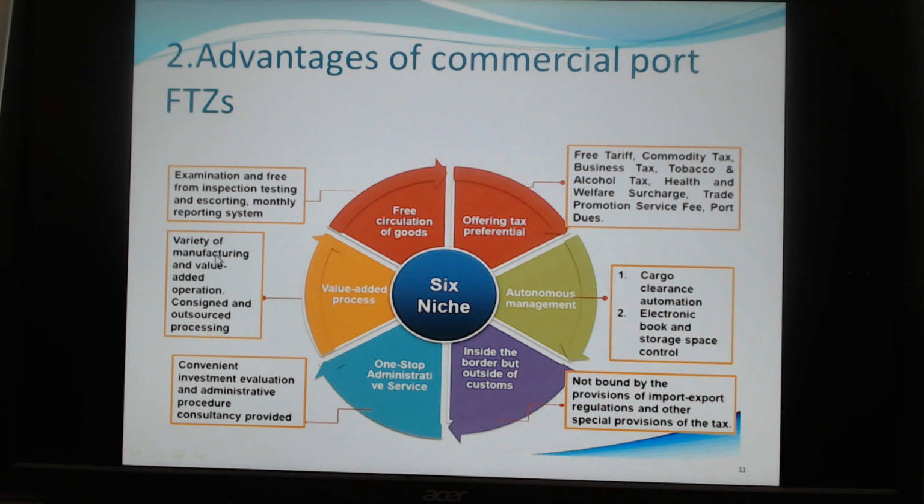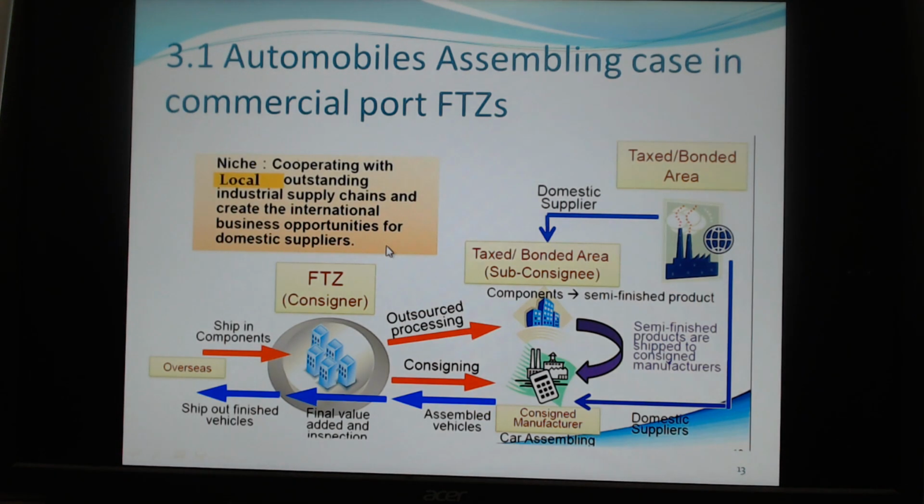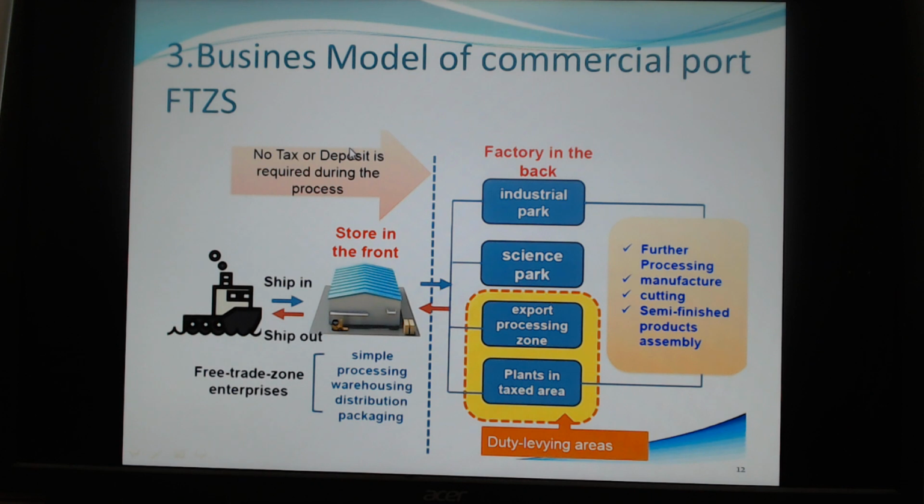Including some manufacturing, very simple manufacturing, assembly, and the free circulation goods. Okay, here's just to show you a business model. In this area, normally it's near the port, right? And because the location is quite limited in space, sometimes we can store some material or parts in this warehouse.